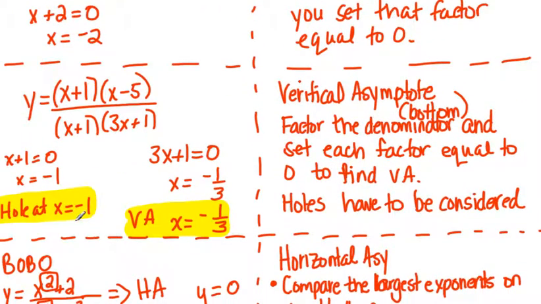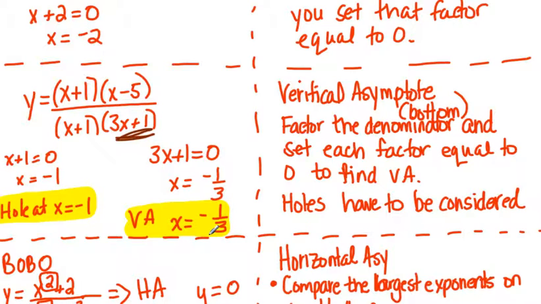The vertical asymptote, you factor the denominator and you set the factors equal to 0 and solve for the vertical asymptote. So you're only looking at the bottom, but you have to consider the hole. So if I had this one, the x plus 1's would go away. So you had a hole at x equals negative 1, and there would be a vertical asymptote at this second one.